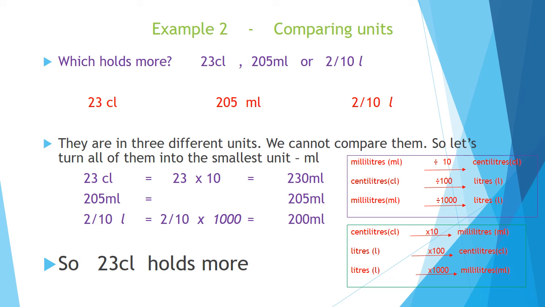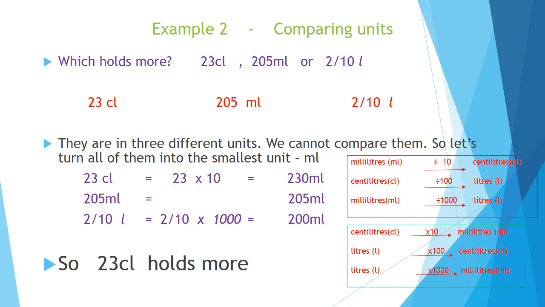Look at 23 centiliters. We are going to turn it into milliliters. From the chart, find centiliters to milliliters. I got it. You have to multiply by 10. 23 times 10 is 230 milliliters. And 205 is already in milliliters, so no need to change.